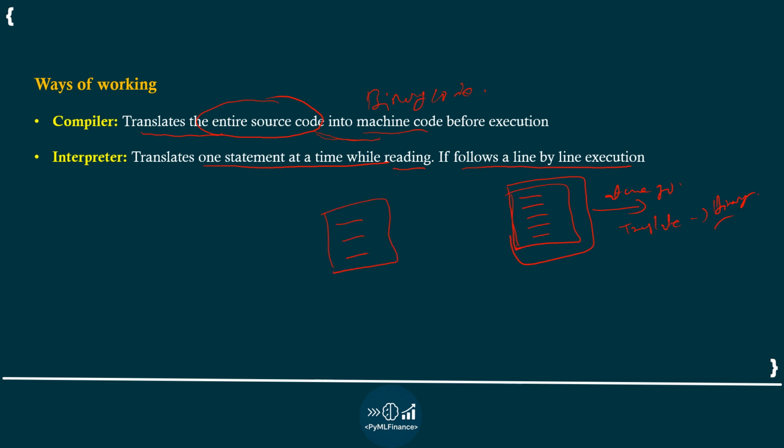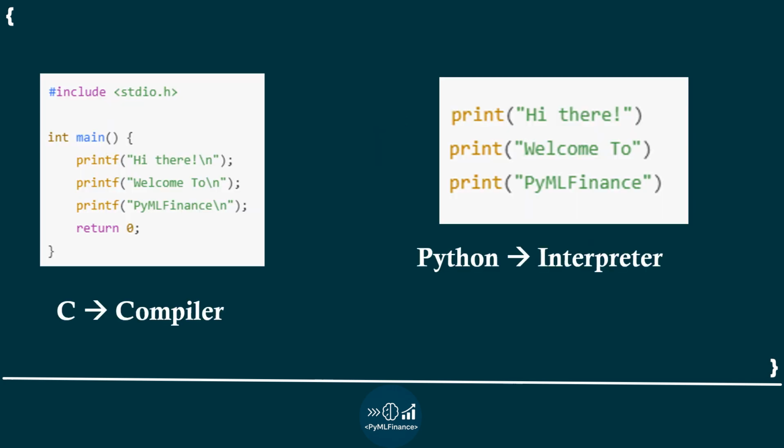It will read the first line of code, translate it into binary, and then the machine will execute it. Then it will come to the second line, read it, and translate it into binary language. This is how the compiler and interpreter work.